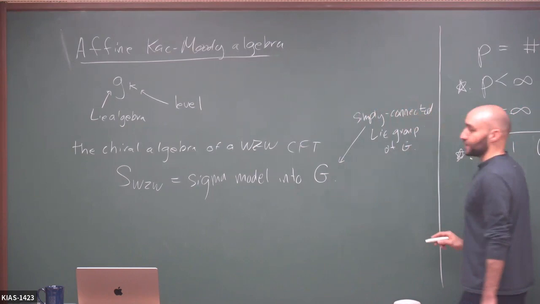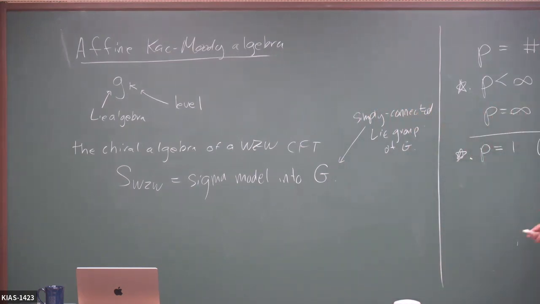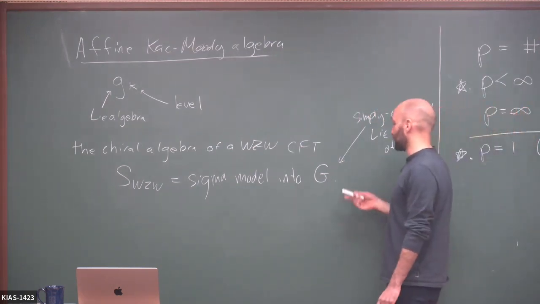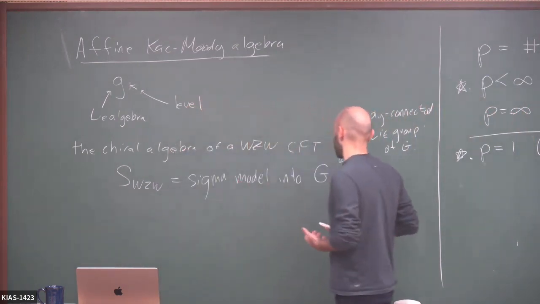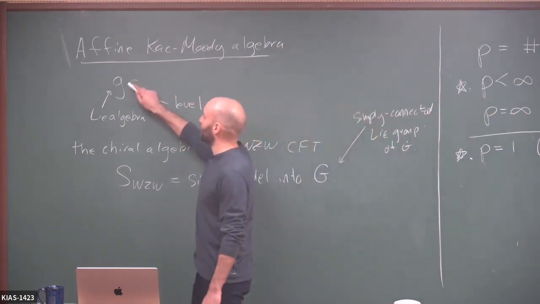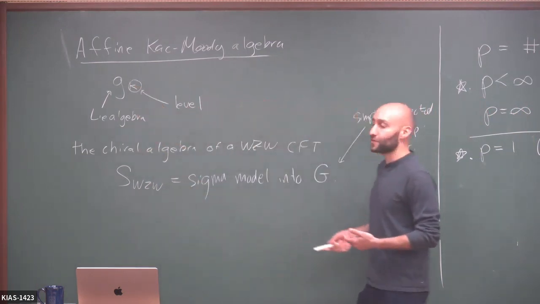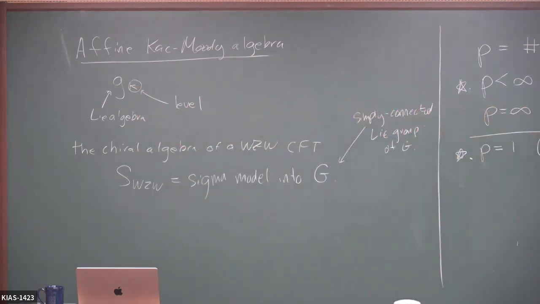Okay, that on its own is not quite conformal, but you can repair conformal invariance by introducing this so-called Wess-Zumino term, and that depends on this level. So that's where the level gets introduced. There's an integer number of ways to make this thing conformal.